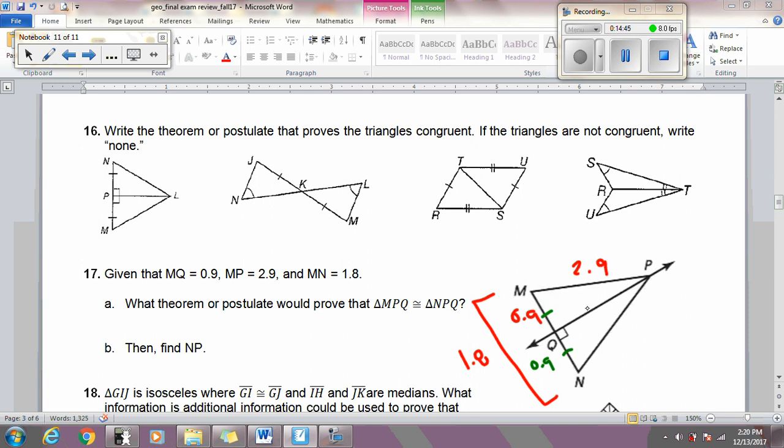I have my shared side that is congruent. So far I have 2 sides. And then I have a right angle on the right-hand side, and I have a right angle on the left-hand side as well. So two sides with an angle in between would give me side, angle, side, based on what I have right now.